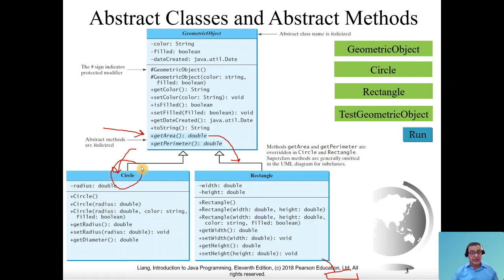You use the getArea method here, and you have to write the code for it here. Similar for getPerimeter, and the area for rectangle is the same thing. Because it's a child, you have to go and implement it here. Let's have a look at that.